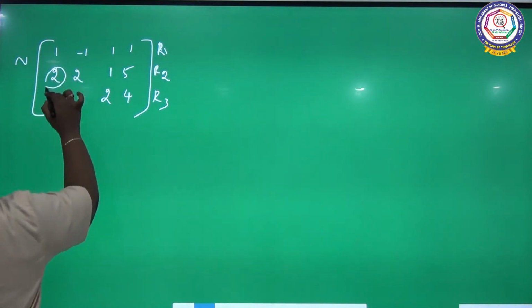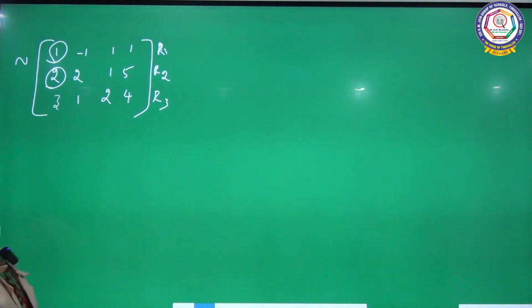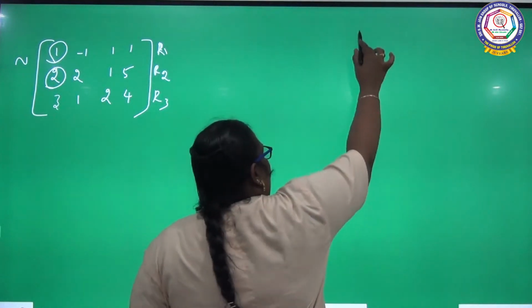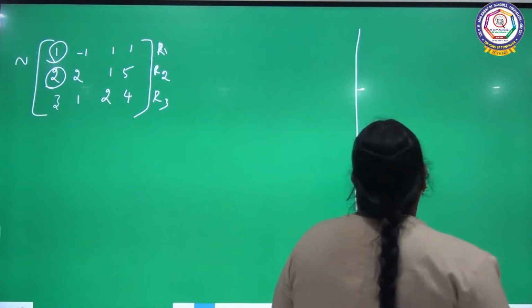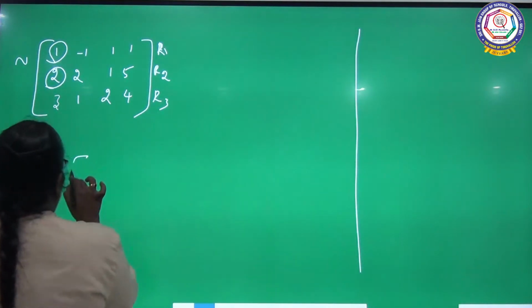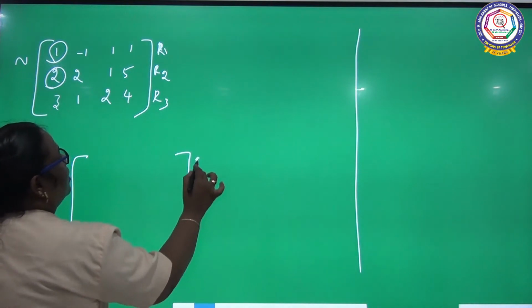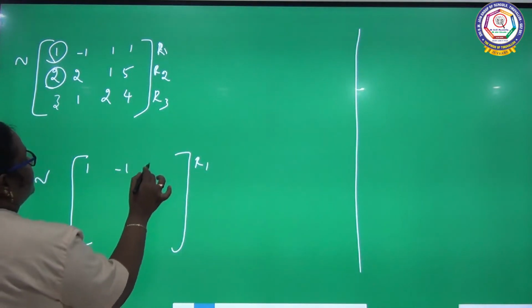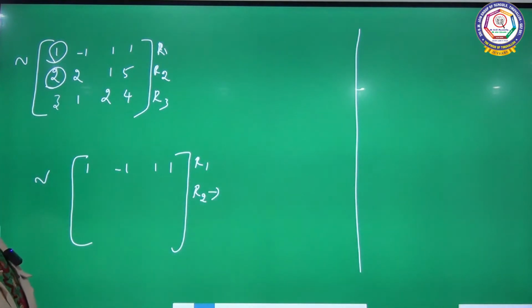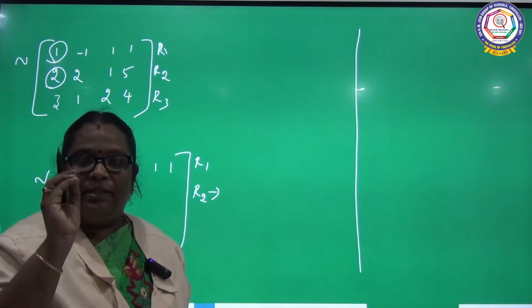See the first element of R2 and R1. You do it in your upper column. R1 you will write as it is. What is my R1? 1, -1, 1, 1. For R2, multiply R1 by -2 and you get 0.